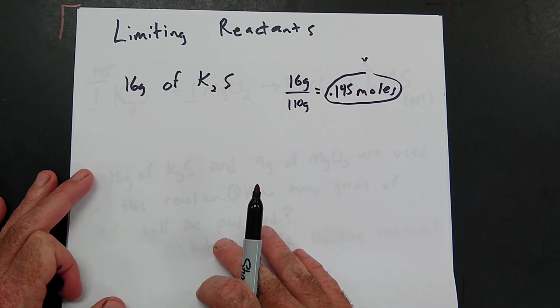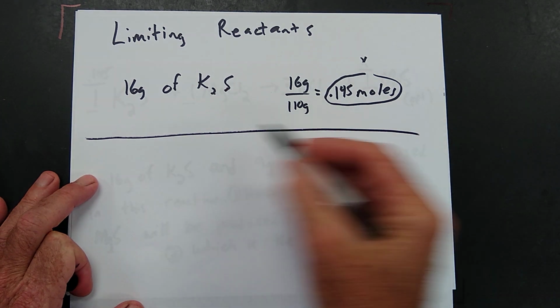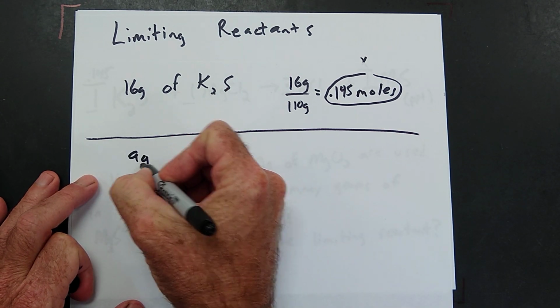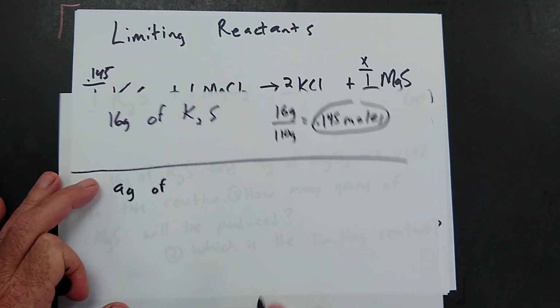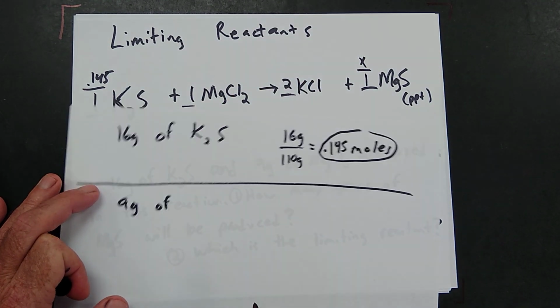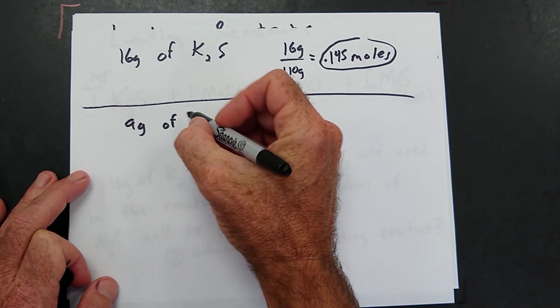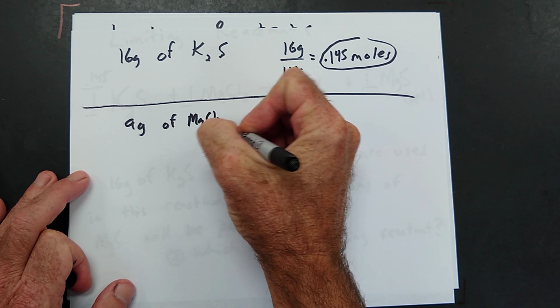Okay, so we're just going to work the problem again, except for this time we're going to work it with the 9 grams of magnesium chloride. All right? 9 grams of MgCl2.